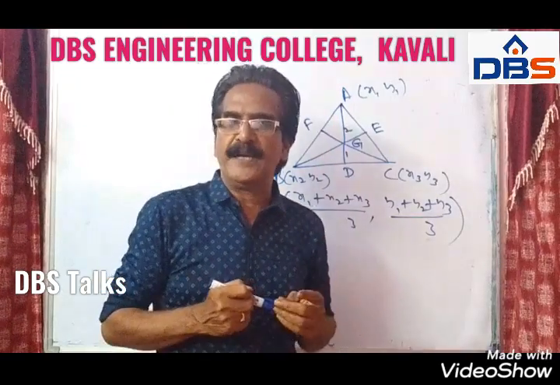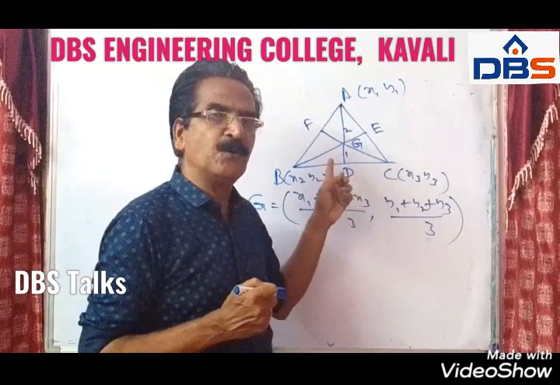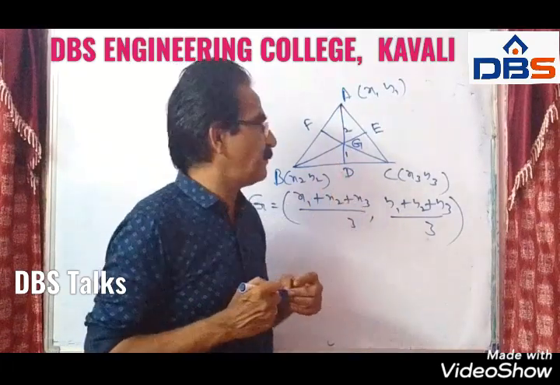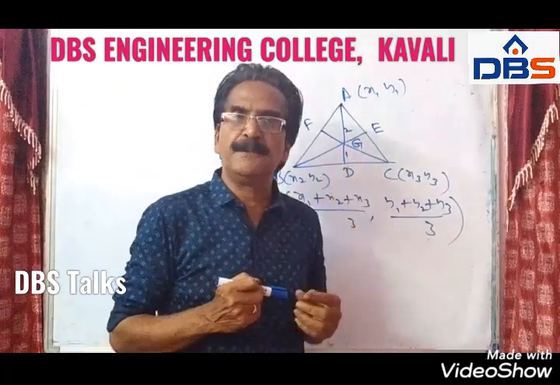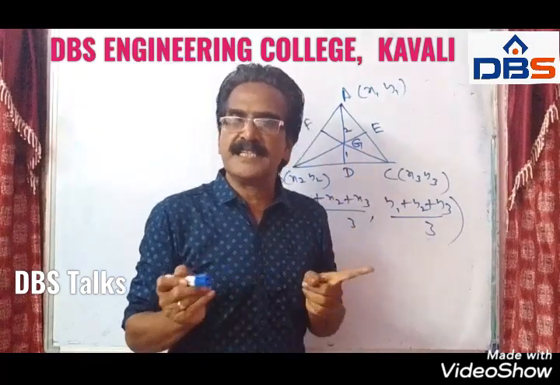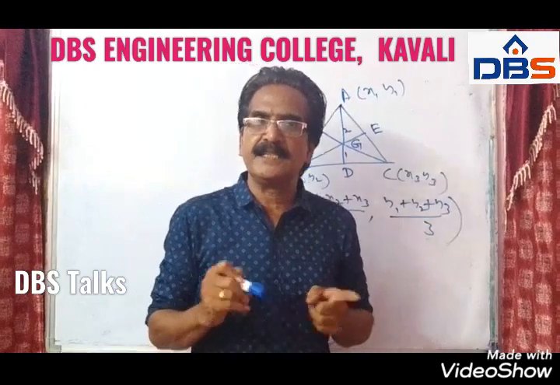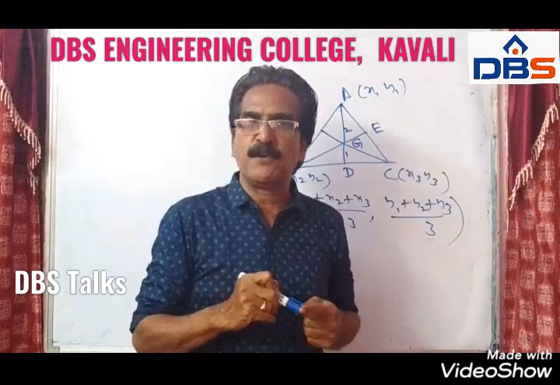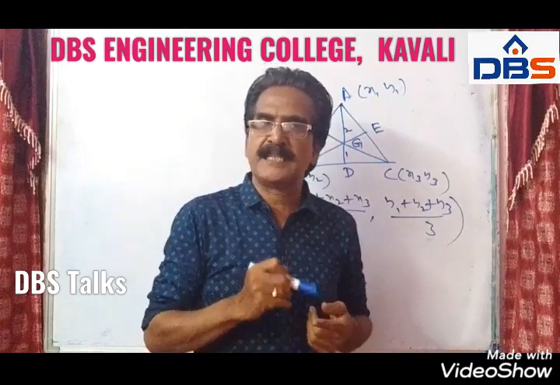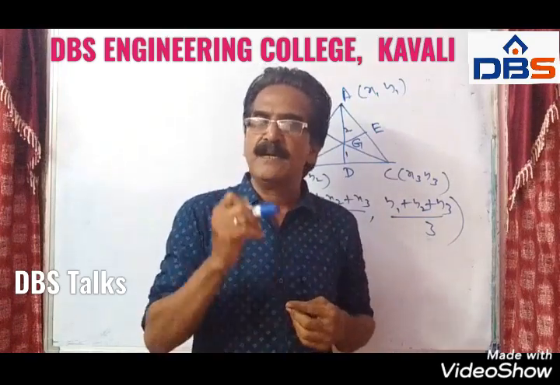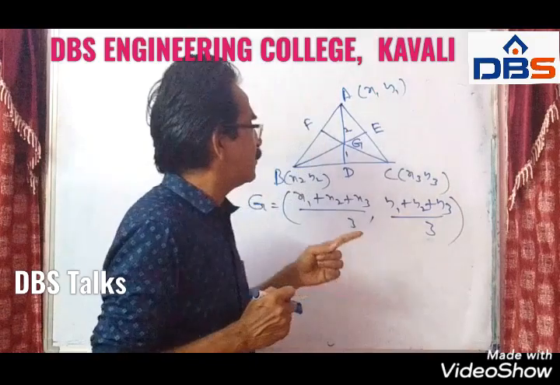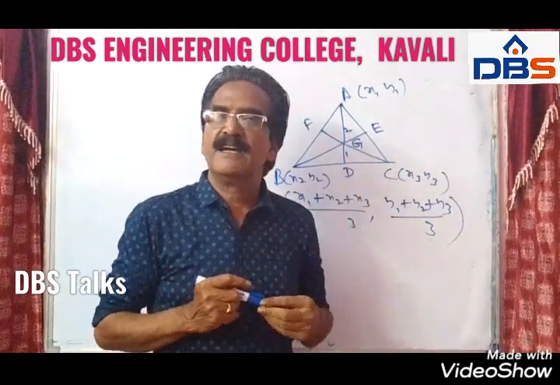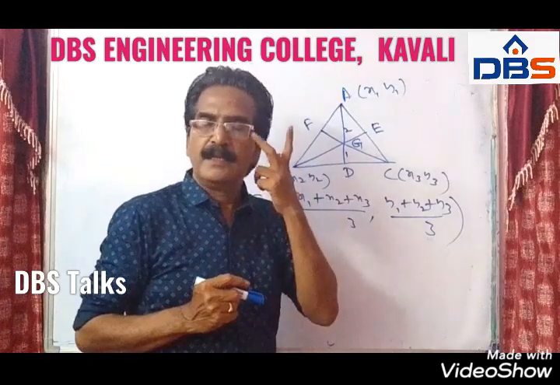You know A, you know D, so you can find the point G which divides AD in the ratio 2:1. With the m:n ratio formula, (mx2 + nx1)/(m + n), (my2 + ny1)/(m + n), you can find G. So this is another way of finding G.